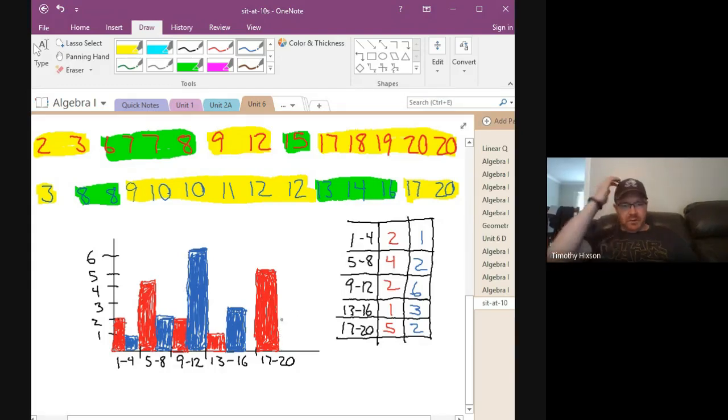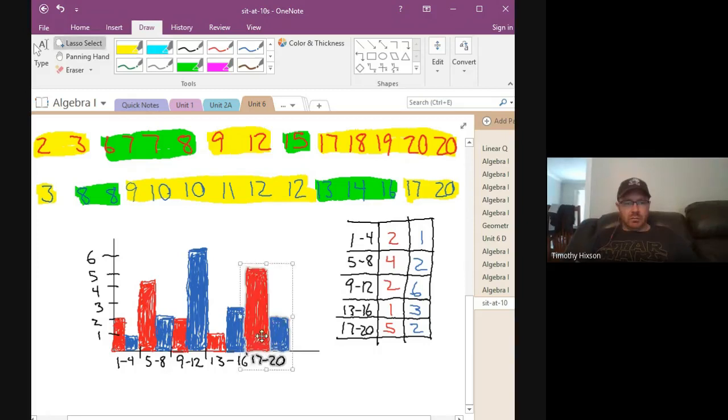Okay. Now, what you can see here is that you can do it in 2 different colors if you have it, or like one of them you could just make rectangles, the other one you can kind of box in. However it makes sense to you. Let me see if I can do this real quick. There we go.